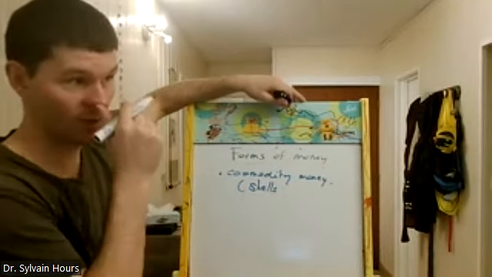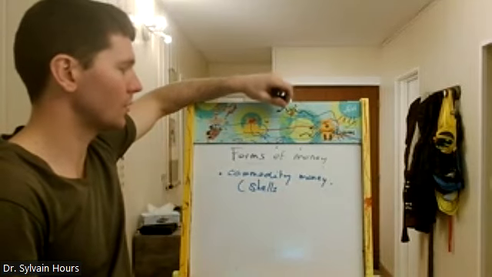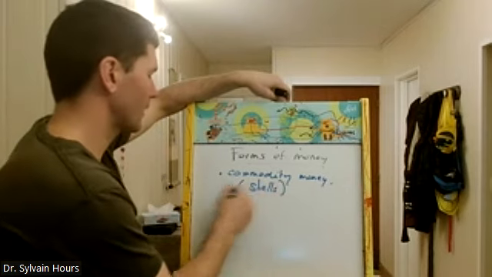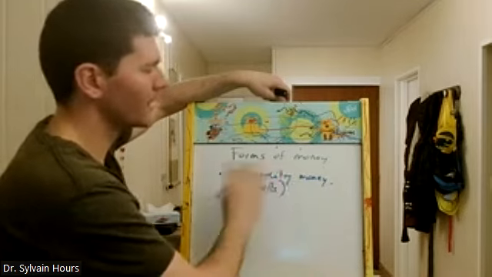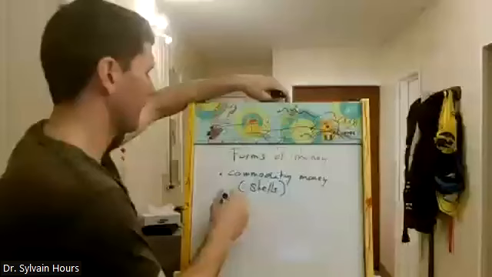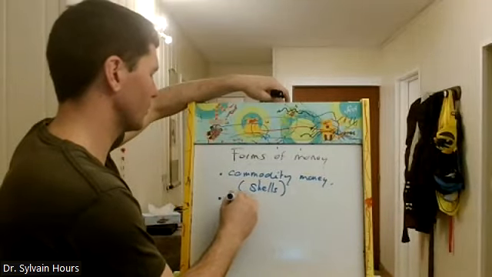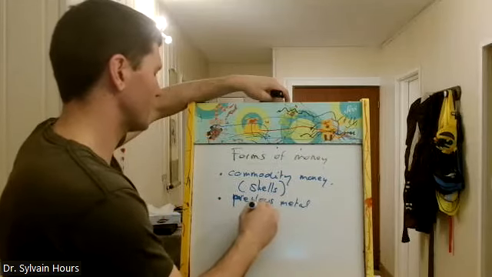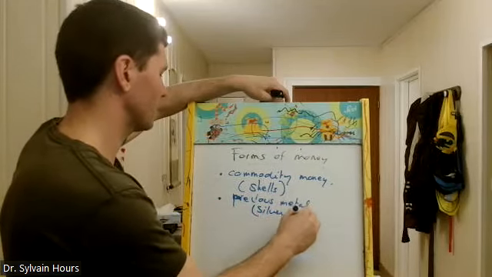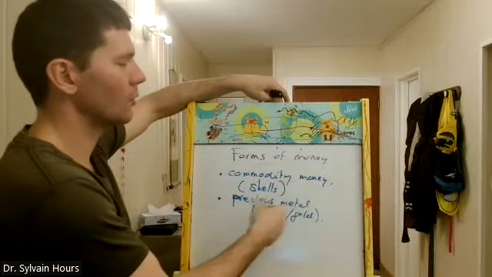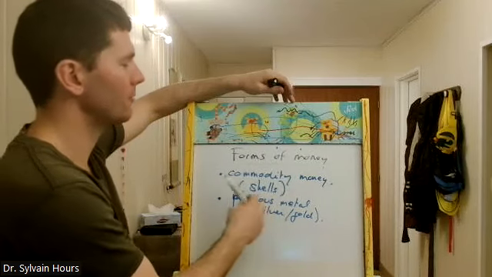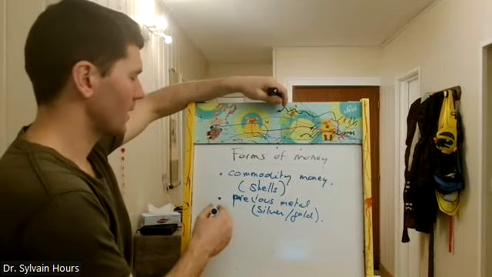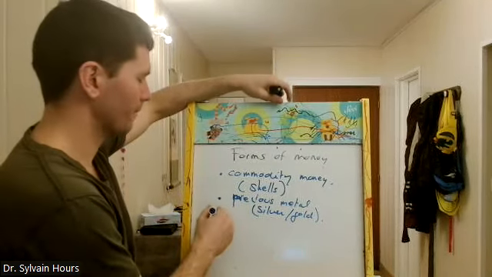Shells are quite famous for having been used as a form of money. Then we had precious metals, mostly silver and gold, which you could also regard as a form of commodity money. But before using gold and silver, we used other stuff like shells, for example, or precious stones.